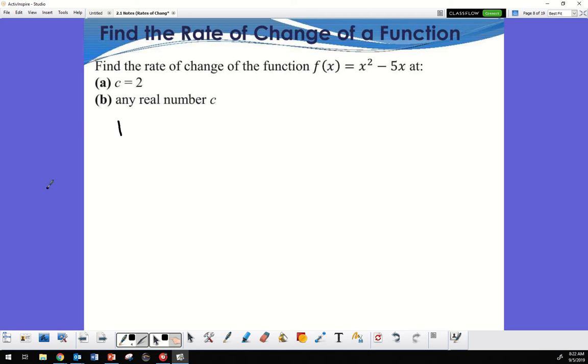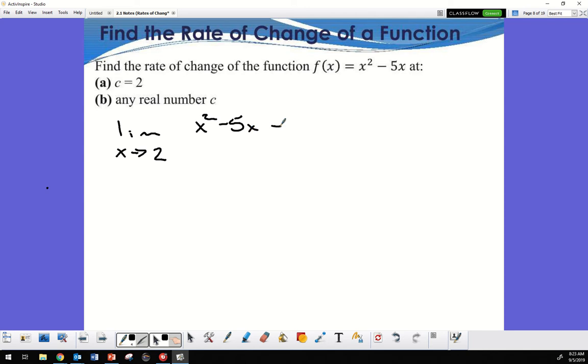All right, so we're taking the limit as x approaches c, and what is my c value here? 2. So plug in 2, and the function's going to be f of x, so it's going to be x squared minus 5x. That's my f of x, right?